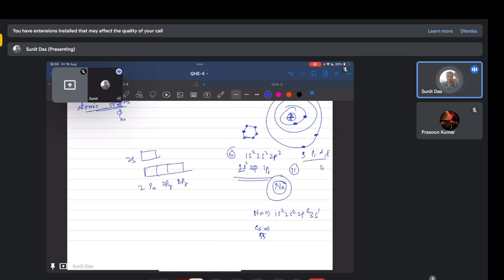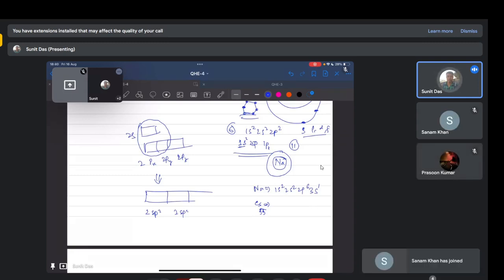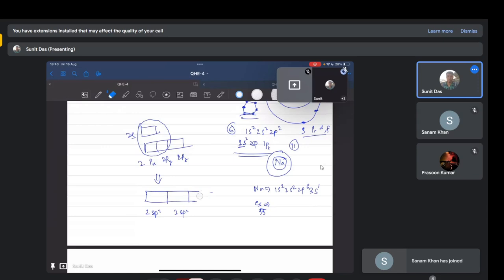When they form graphene of this particular structure, they form molecular orbitals of this form: from this part it is 2sp2, this is another 2sp2, and then one pz remains. These may not be correct representations; I'm just showing for convenience that these are three orbitals, one 2s and two p, px and py.